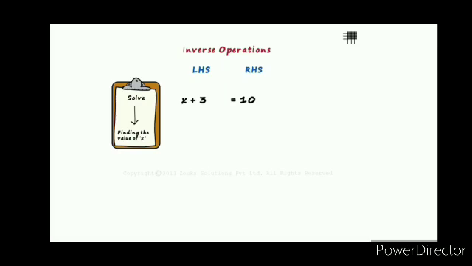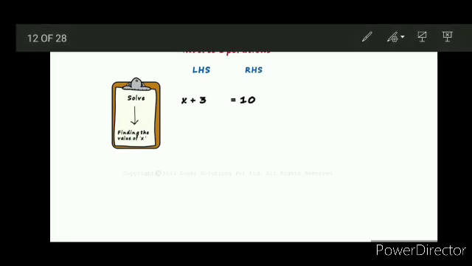Before starting the method, we should be clear on this concept: whatever we do with the left hand side, we should do the same with the right hand side of the equation. In the last lesson, you learnt about additive inverse. We are going to use that concept here. The left hand side of the equation is x plus 3.